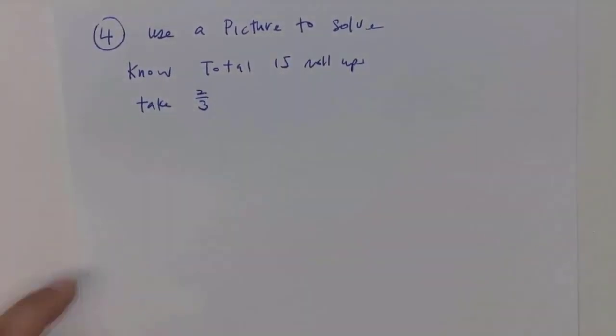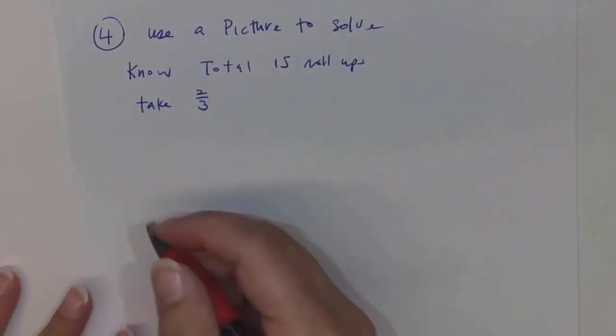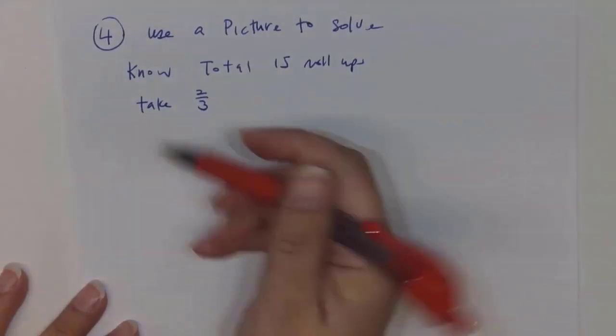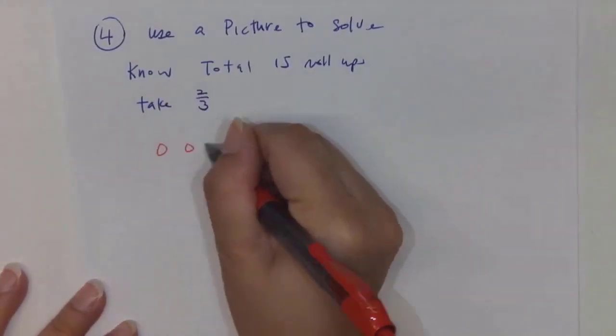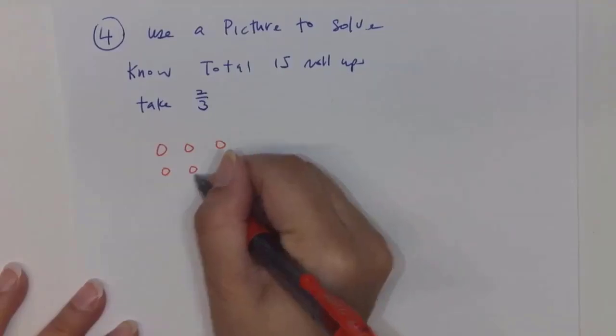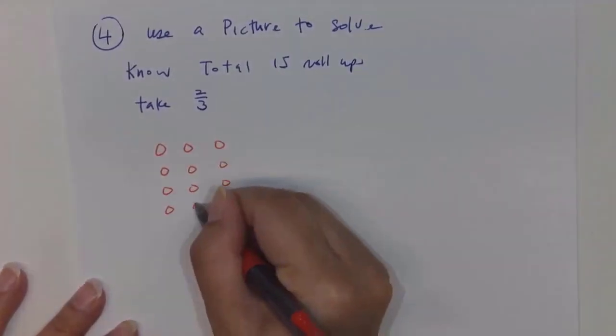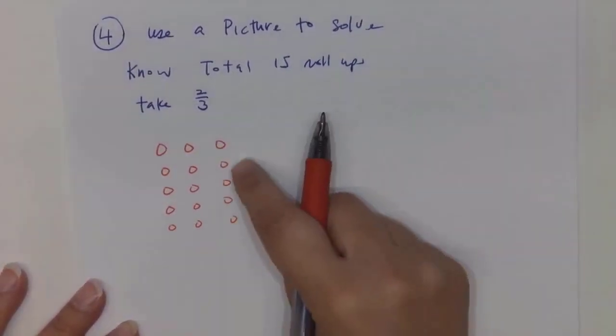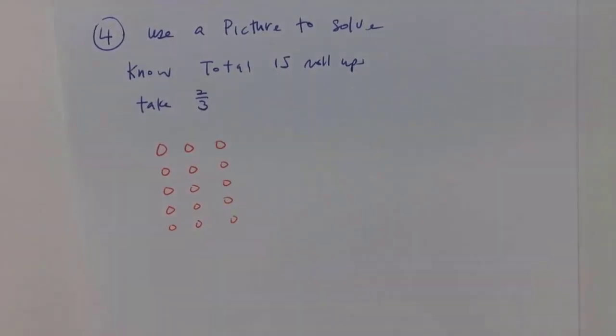Okay, so we can start drawing 15 items. I don't know how roll-ups look like, so I'm going to just do 3 times 5. Okay, so that looks like 15. And then what?